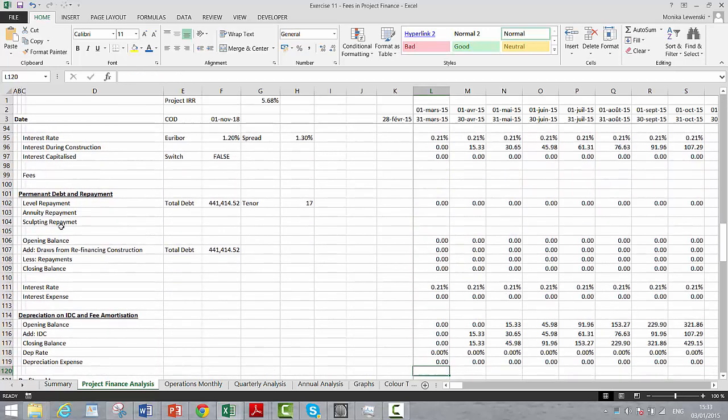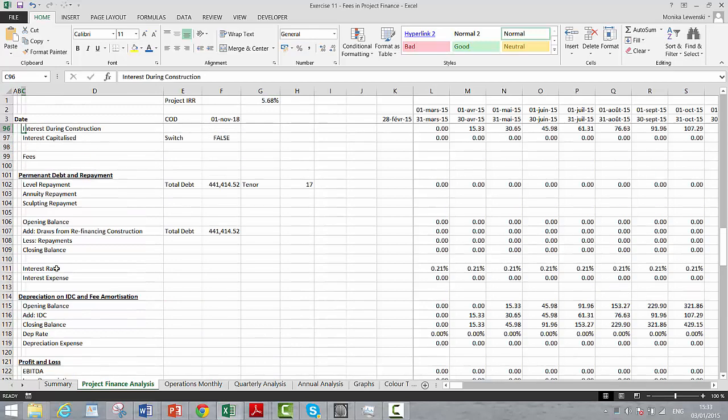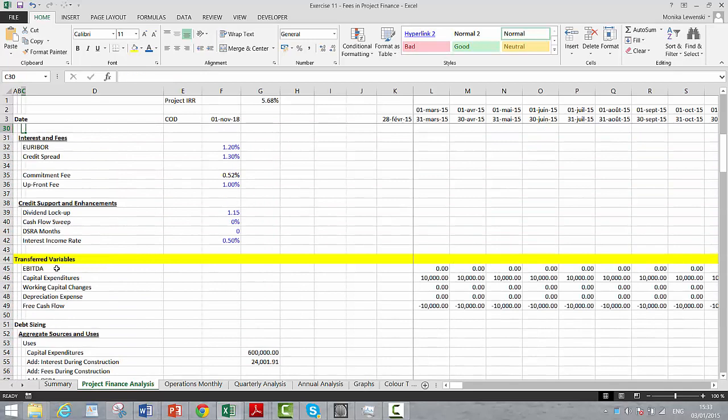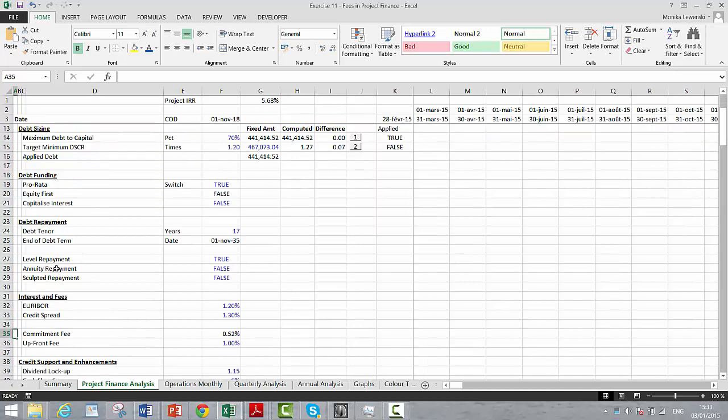Perhaps we'll even fix that one. And then we'll have to include the amortization on the fees for tax purposes in the remainder of the analysis. Okay, so those are some of the subjects we will cover.